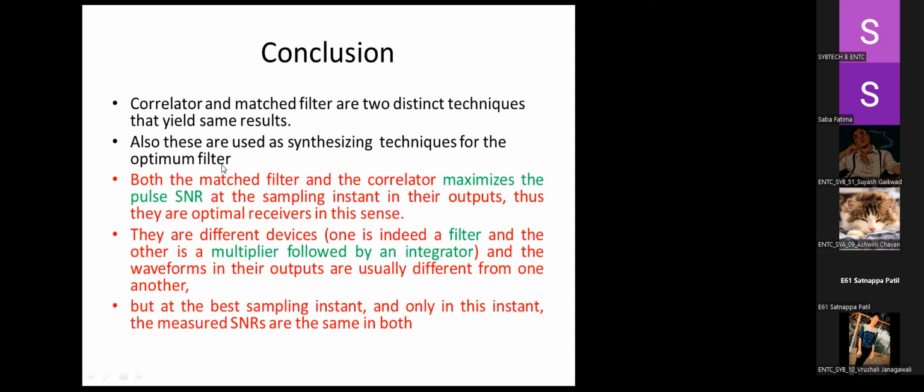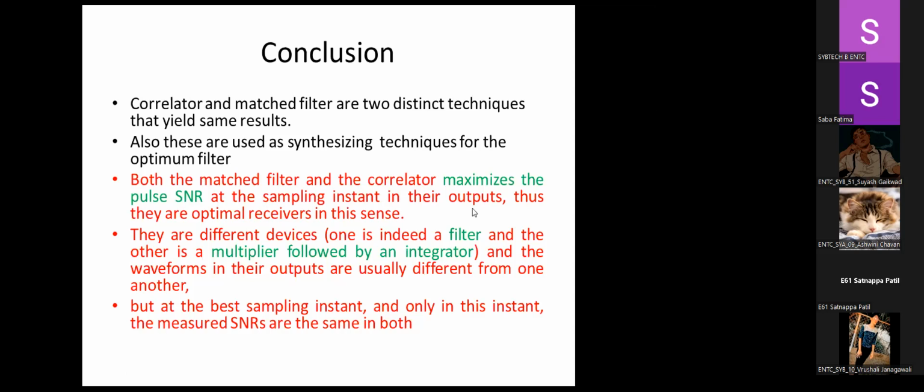Then if you want to know what actually is the difference: both the match filter and the correlator filter maximize the pulse signal to noise ratio at the sampling instant in their output. Both of them maximize the signal to noise ratio. They amplify the signal, increasing the signal by removing the errors or the noise.